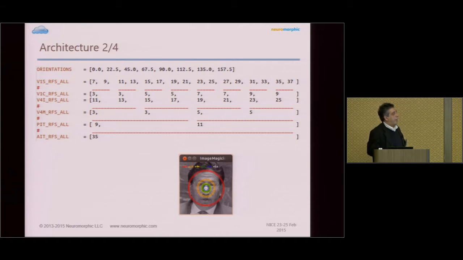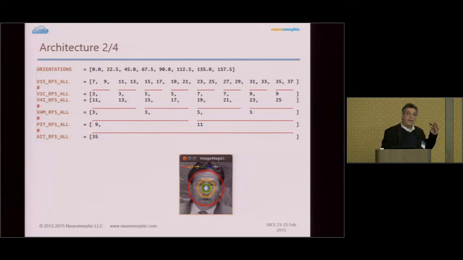Then the integration layer of V4 is basically taking all 8 orientation sheets of V1C and integrating them into a single sheet, meaning a single map representation.